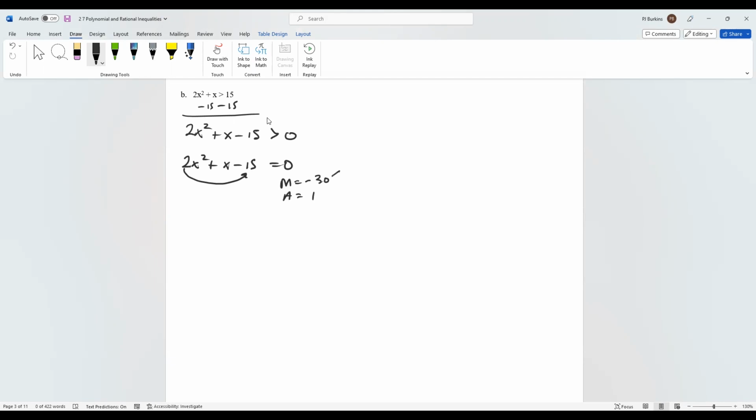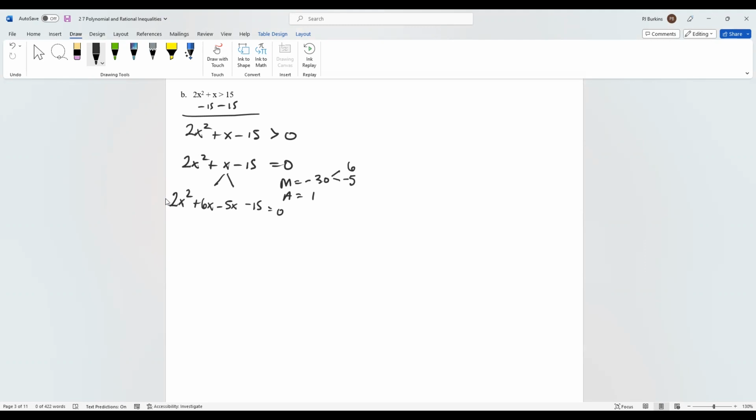So let's think of factors of 30. I believe we could use 5 and 6 as long as the 5 is negative. So I will replace the x in the middle with a combination of those two. I bring down the 2x squared, I bring down the -15, and I plug in a +6x and a -5x.